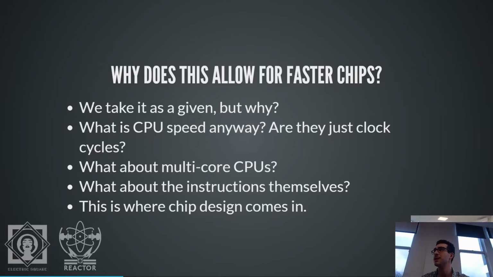What is CPU speed? Can we measure it? Is it just clock cycles? Where do multi-core CPUs fit into this prediction of how fast CPUs will be? What about the instructions themselves? Are the instructions available to us on a CPU something that affects how fast it is? And this is where chip design comes in.